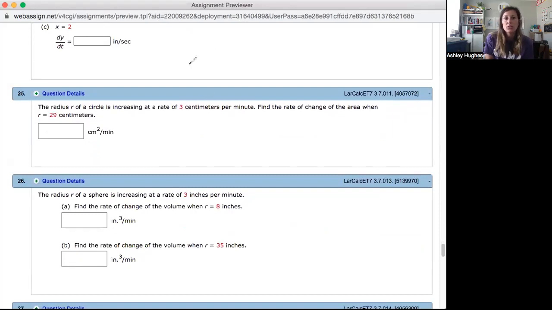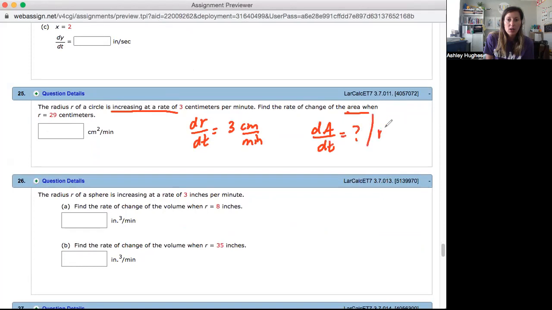Anytime you see that phrase, you know you're going to write down d something dt. Increasing at a rate. So dr/dt, because it's radius, 3 centimeters per minute. Find the rate of change of the area. So we're looking for dA/dt when r is 29. The area of a circle is pi r squared. We take the derivative with respect to time.